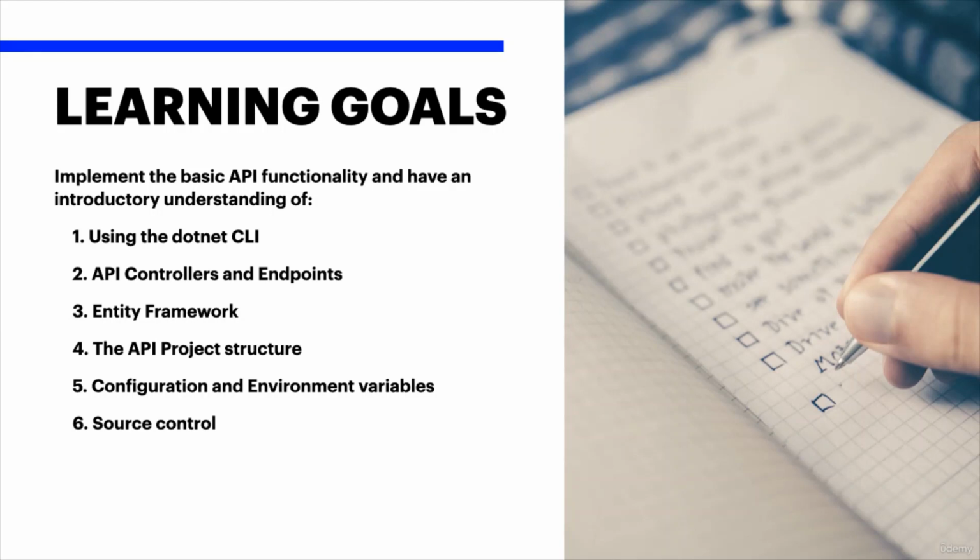We've also taken a look at the API project structure. We know how our application starts. We know the important classes that are involved in the starting of our API, the program class and the main method. And we've also taken a look and used configuration and environment variables. Well, not so much environment variables, but what we're storing our configuration in just now is the appsettings.development.json file.